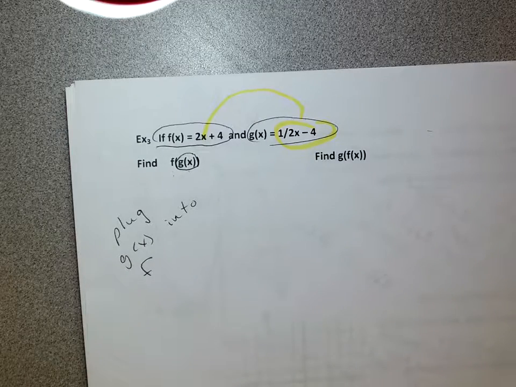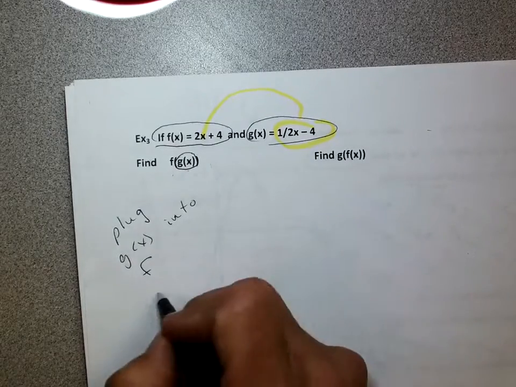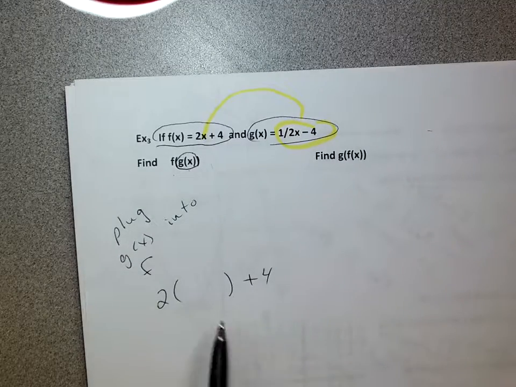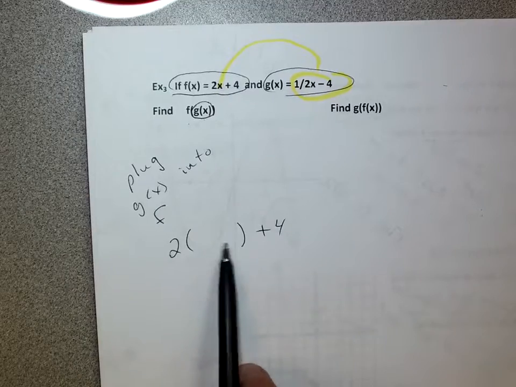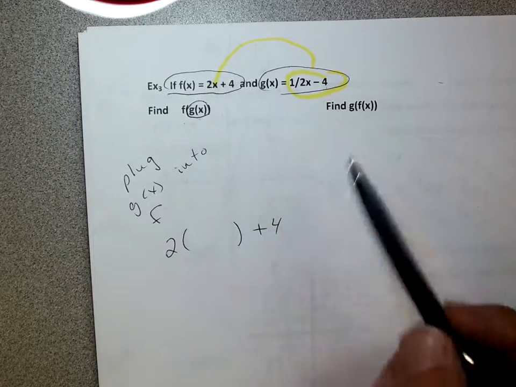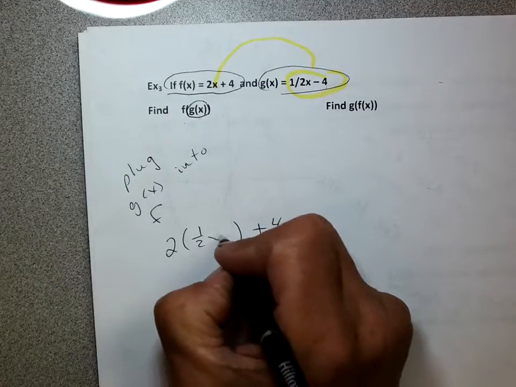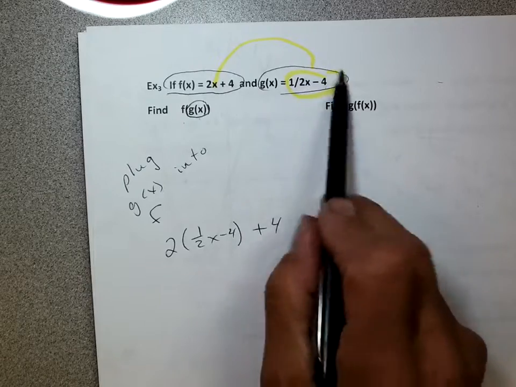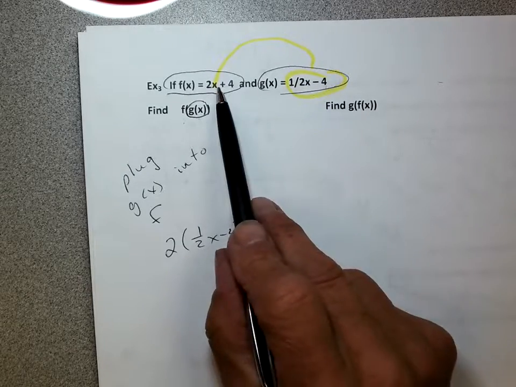So I'm going to rewrite this as 2 parentheses plus 4, okay? So instead of x, I'm going to put in this 1/2 x minus 4 right into there, okay? 1/2 x minus 4, okay? So I just took the 1/2 x, the entire equation, and plugged it into the x value of your f, okay?